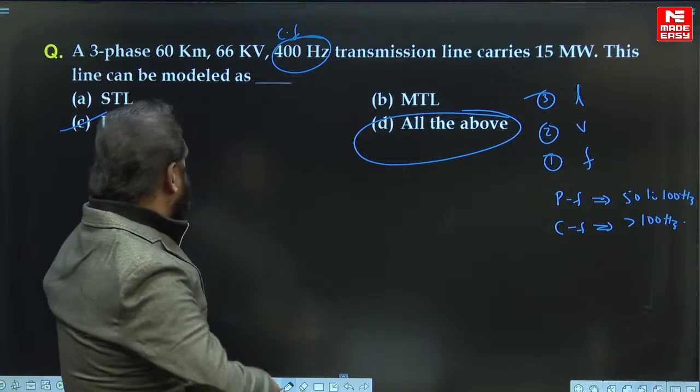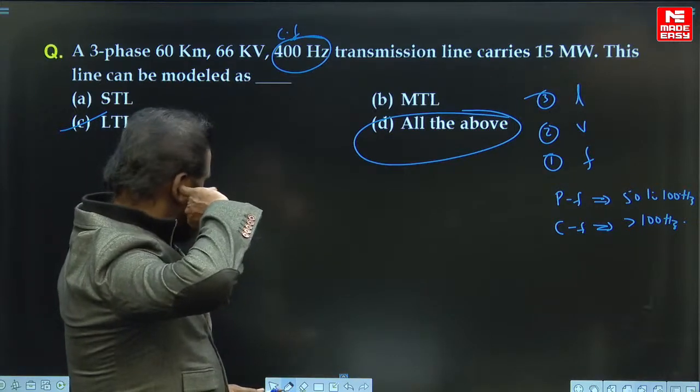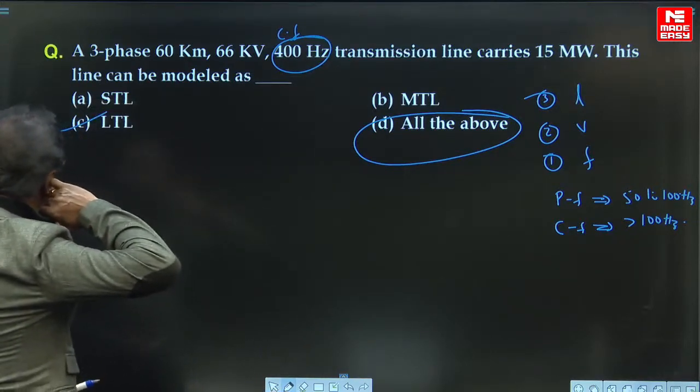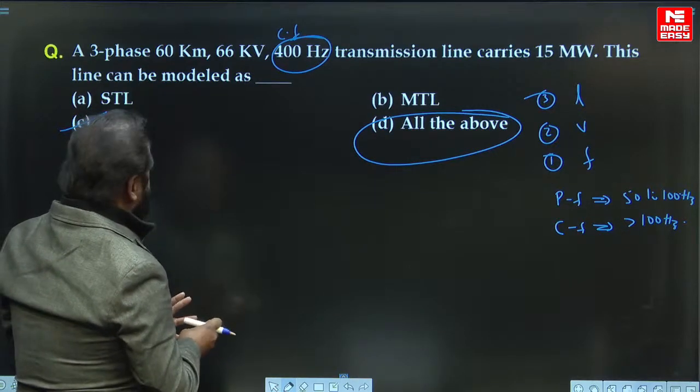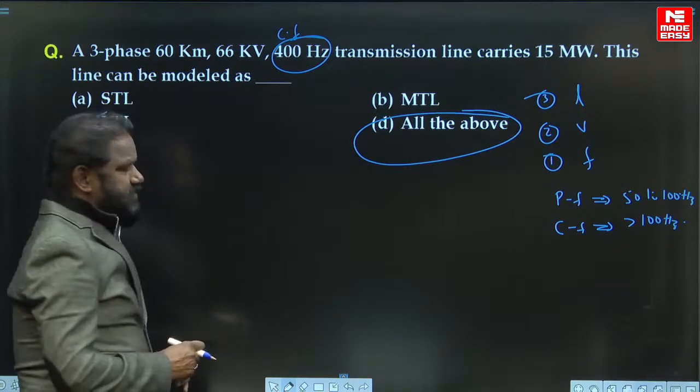No, it is not all of the above, it is the long transmission line only, because according to the length it is a short transmission line, as per the voltage it is a medium transmission line, as per the frequency it is a long transmission line.